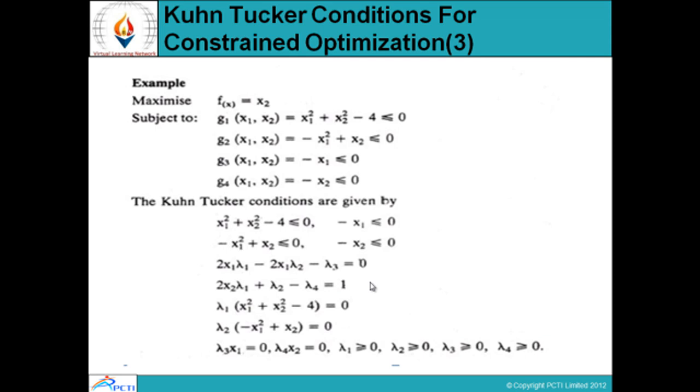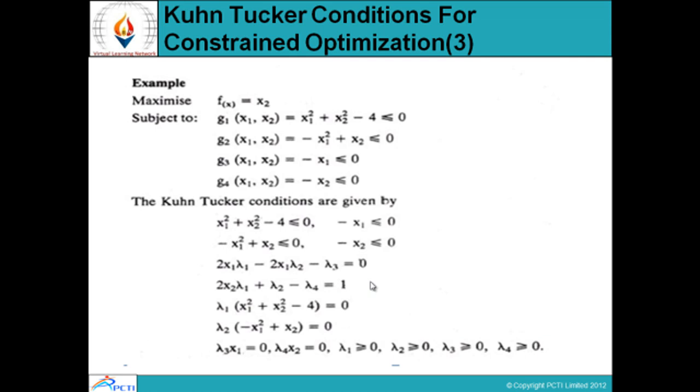Example: maximize f(x) equal to x2 subject to g1(x1, x2) equal to x1 square plus x2 square minus 4 less than or equal to 0, g2(x1, x2) equal to minus x1 square plus x2 less than or equal to 0, and g3(x1, x2) equal to minus x1 less than or equal to 0, and g4(x1, x2) equal to minus x2 less than or equal to 0.